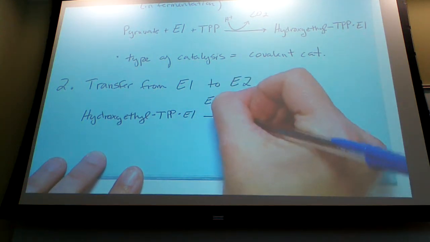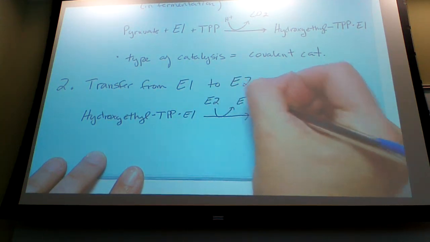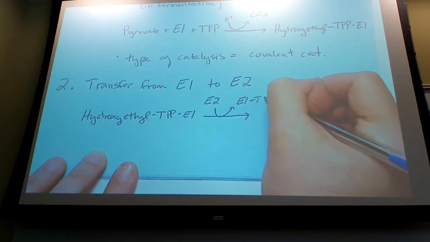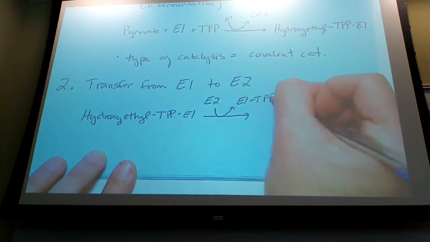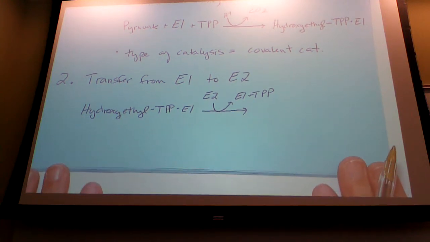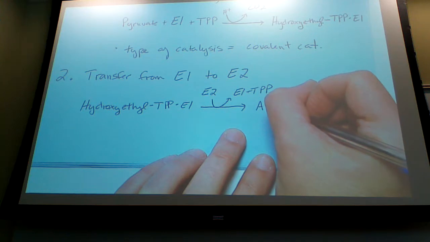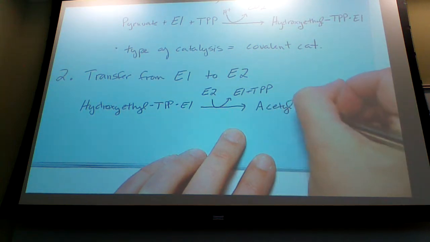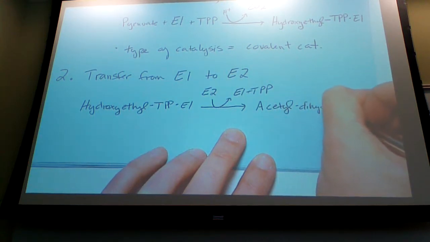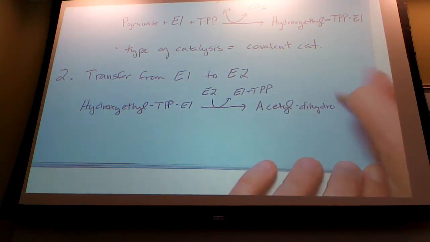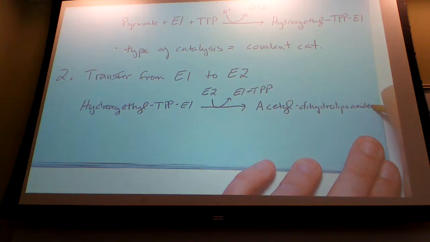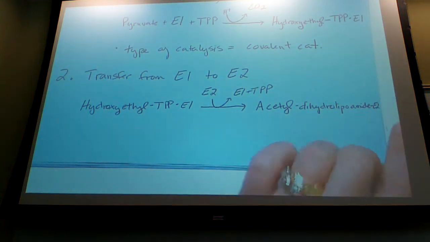Okay, E2 is going to come in. My E1 plus my TPP are going to leave. And what I'm going to get is an acetyl dihydrolipoamide that is bound to E2. See that? That's the dash E2.